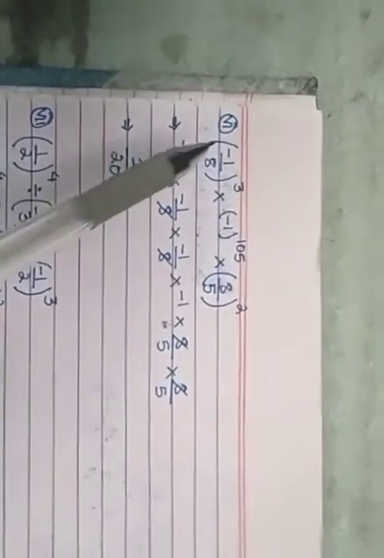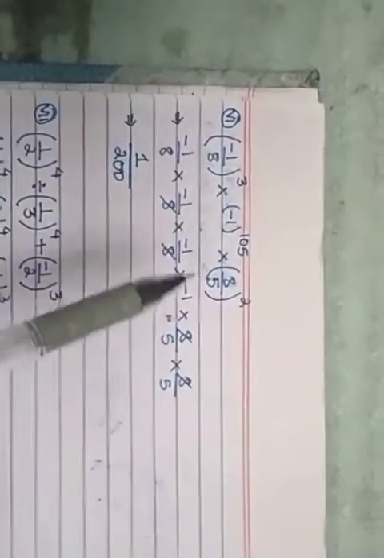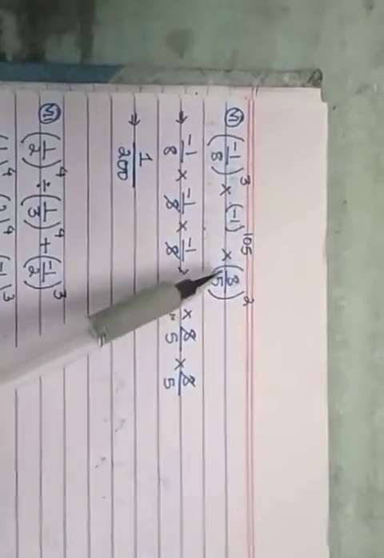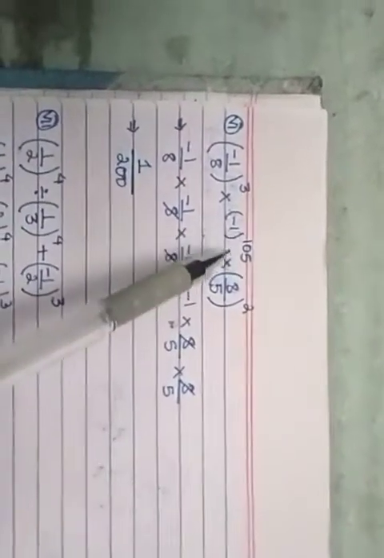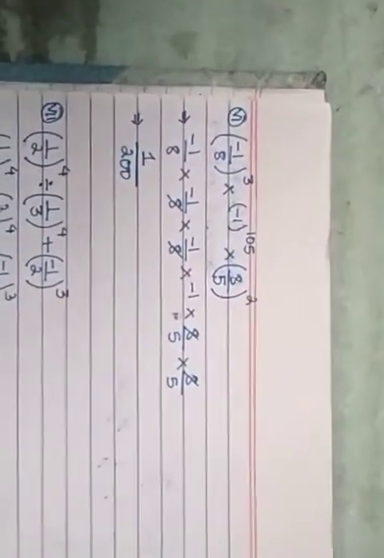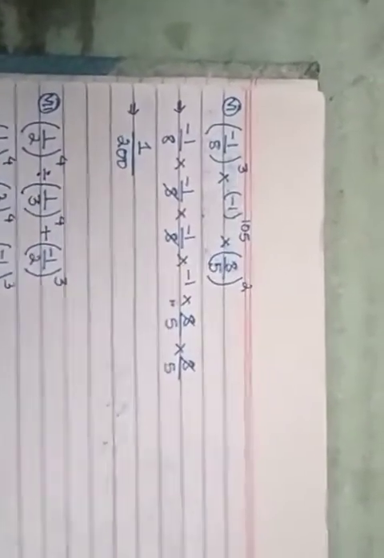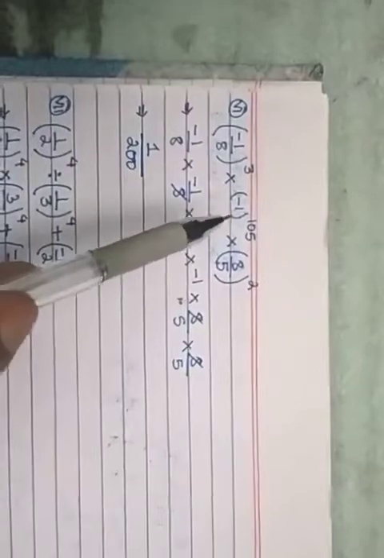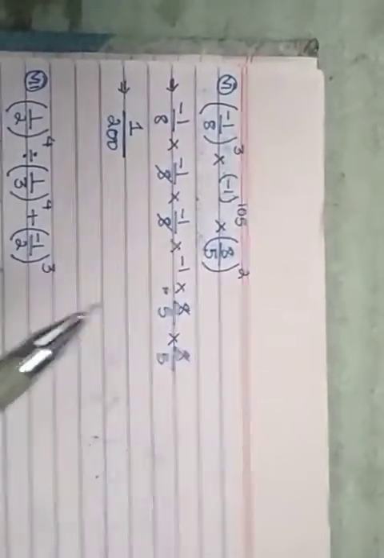See, question number 6. (Minus 8 by 3) to the power 3 into (minus 1) to the power 105 into (minus 8 by 5) to the power 2. Now you cannot just simply write minus 1 into minus 1 into 105 times, isn't it? Who will write that? Because what we know is, whenever you multiply 1, no matter how many times, you will get 1. Simple, isn't it?